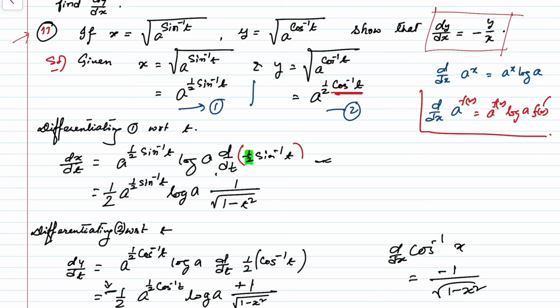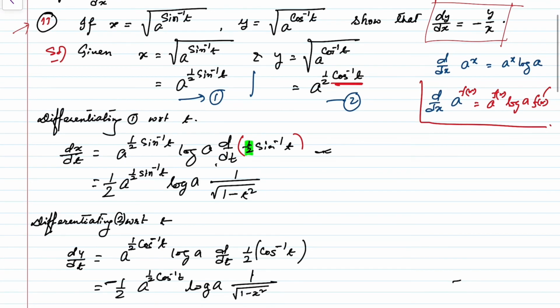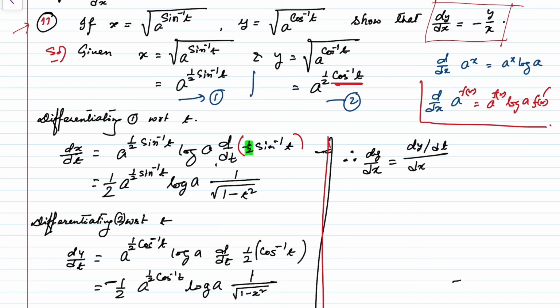Okay, so hope you have understood this. Now let us find dy by dx. Therefore dy by dx is going to be equal to dy by dt by dx by dt. If you substitute the values of dy by dt and dx by dt, then what you will get?